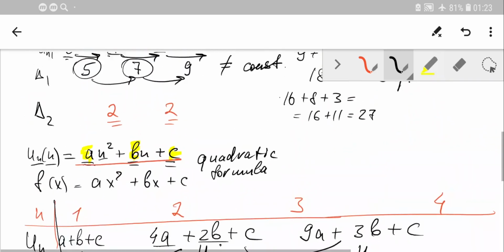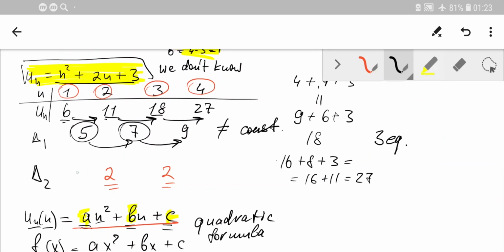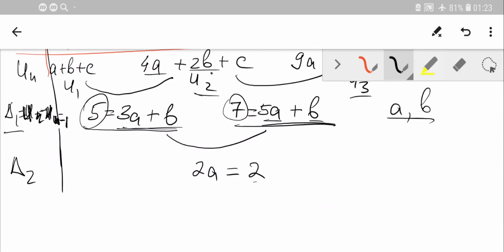So we arrive at the second difference, which is 2. It turns out that 2a equals 2. So that's the formula where you can easily find a.